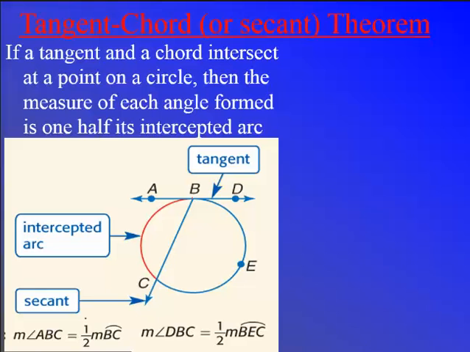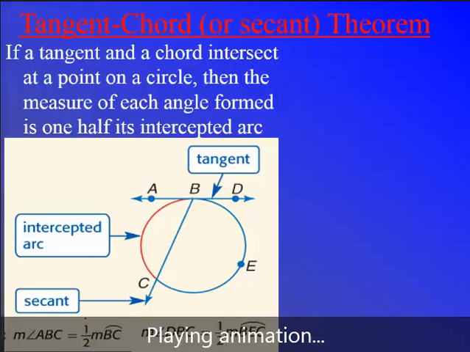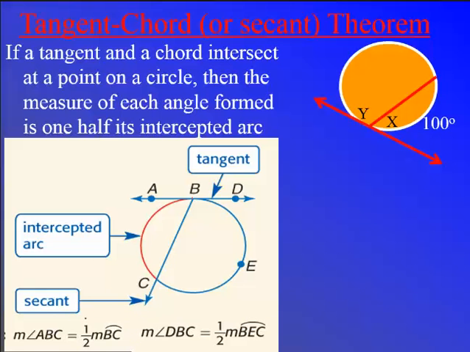So let's look at a real simple example here. Okay, here's a circle. It has a chord. Remember, it's also like a secant. If this were to go on forever, it'd still be a secant, but same kind of picture here. Intersecting a tangent at a point on the circle.